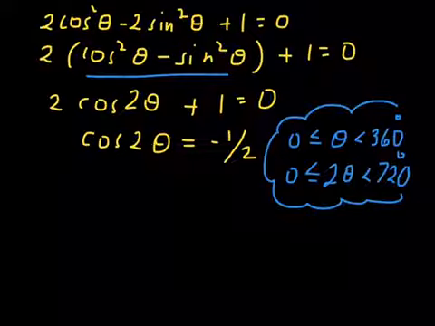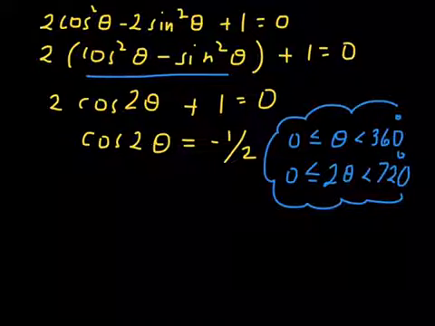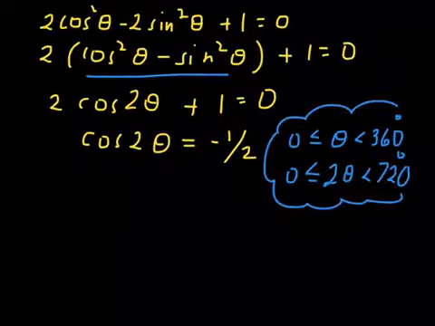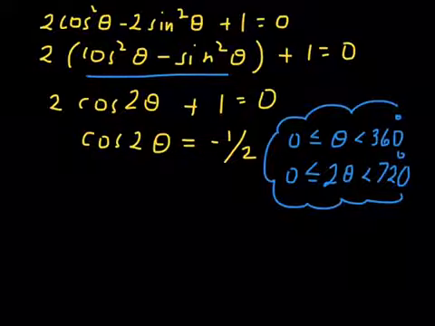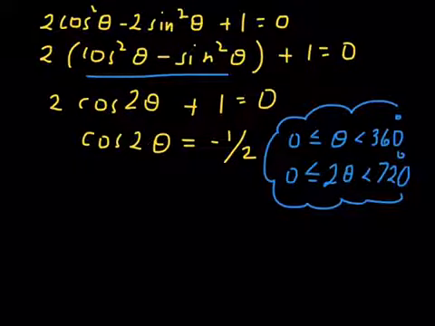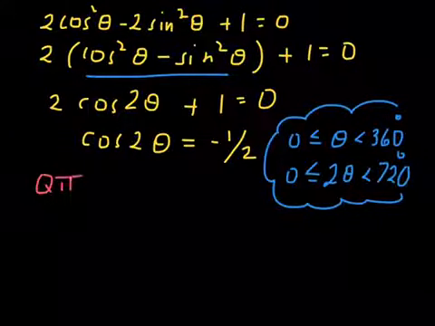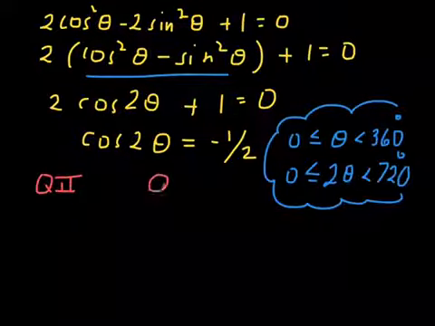So here we go. Cosine of 2 theta is negative, and cosine is negative in quadrants 2 and 3, right? So when you take one trip around the unit circle, you'll find a solution in quadrant 2, and then you'll find a solution in quadrant 3.